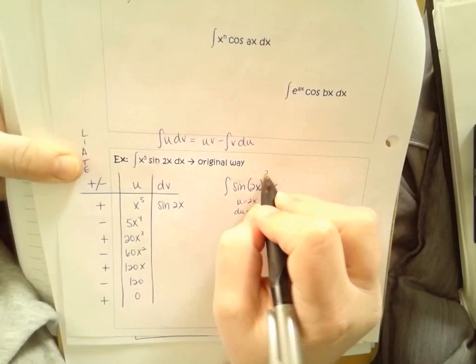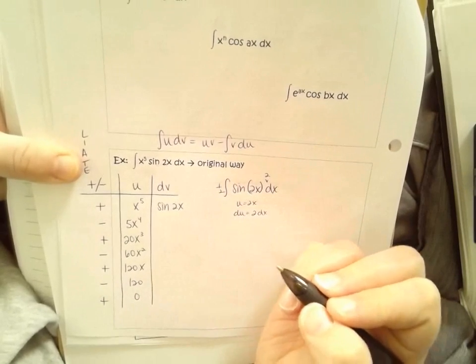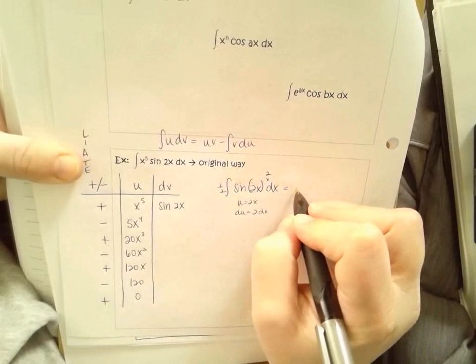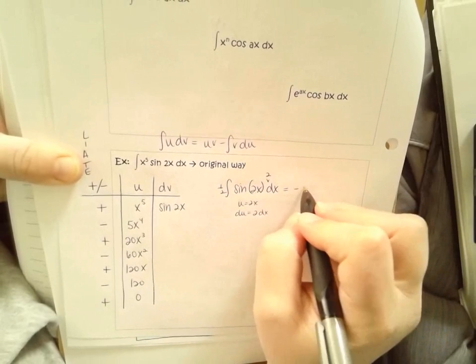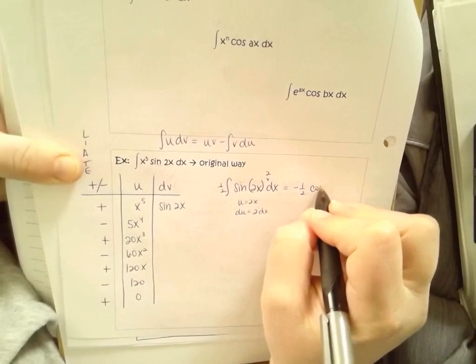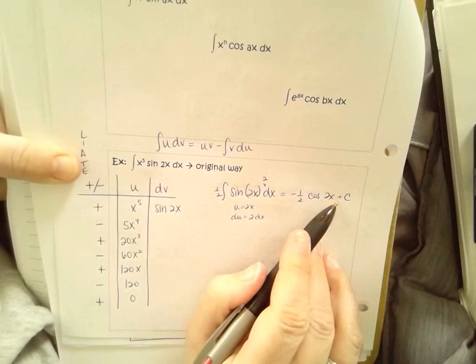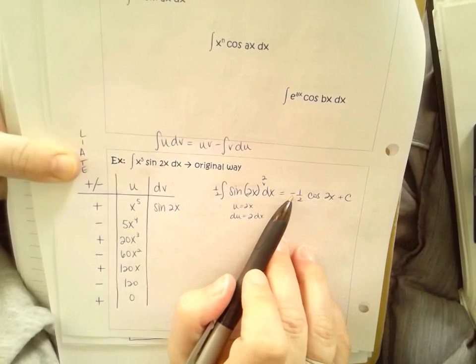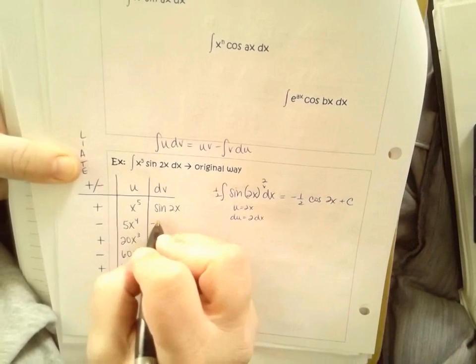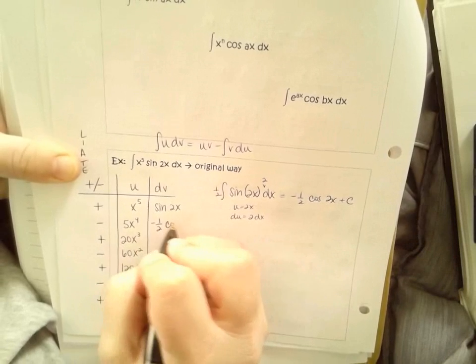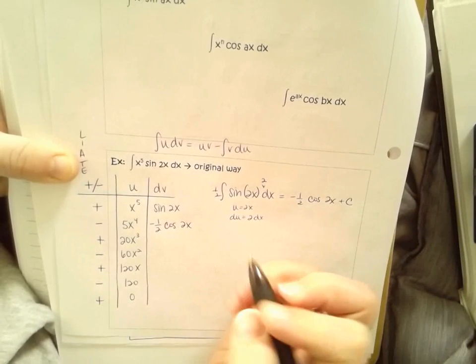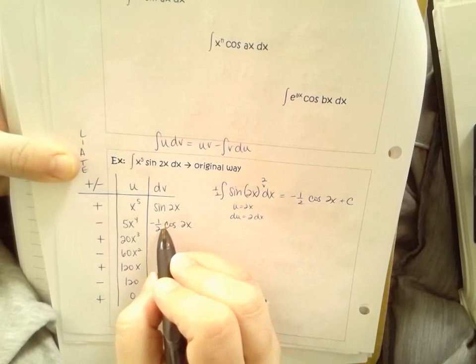That means I'd have to throw in a 2 and I'd end up with a 1/2. And the answer would be, if you remember our trig functions, negative 1/2 cosine 2x. I'll worry about this plus c later, but for right now, it's going to be negative 1/2 cosine 2x.